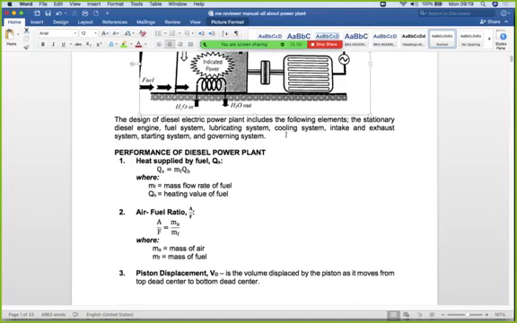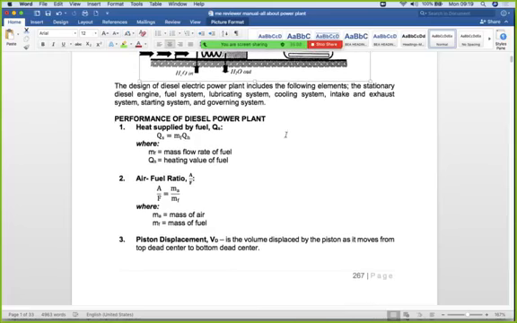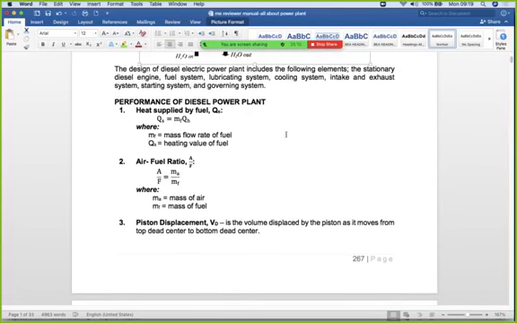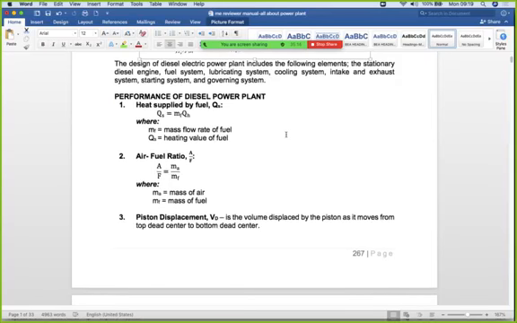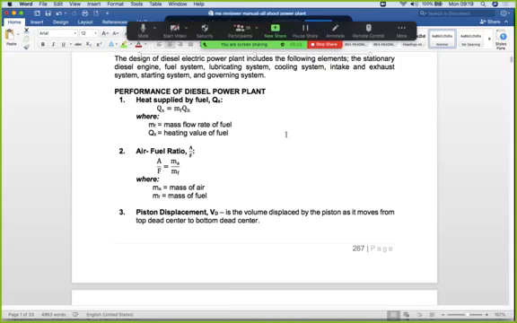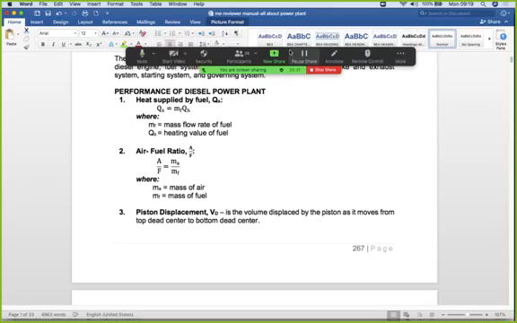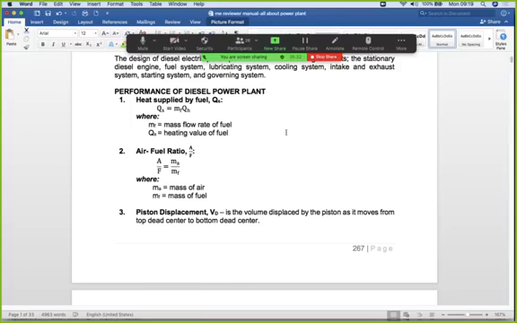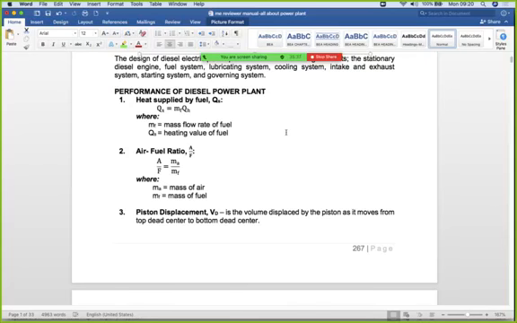We go now to the performance of diesel power plant. If you intend to solve for Q, the heat supplied by fuel, you already know the relationship between the mass flow rate of fuel and the heating value of fuel. As we learned last time, there are a lot of questions regarding heat in the board exam.